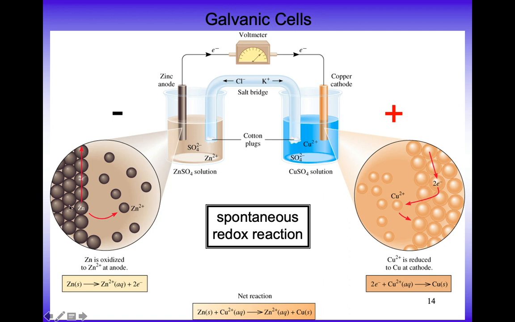At the anode, those electrons are leaving, and zinc metal is going into solution, making that solution more concentrated with zinc ions. What's happening to the zinc electrode is it's losing mass. Those zinc atoms are going into solution. And the equation for that is right down here.